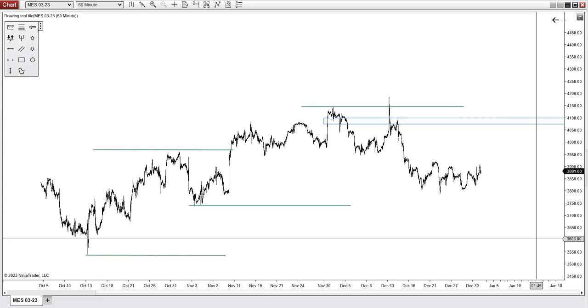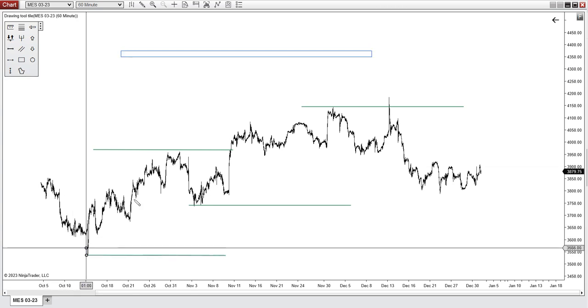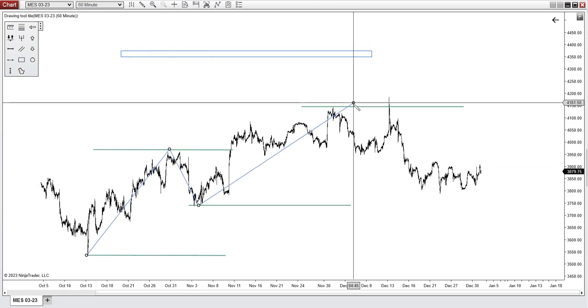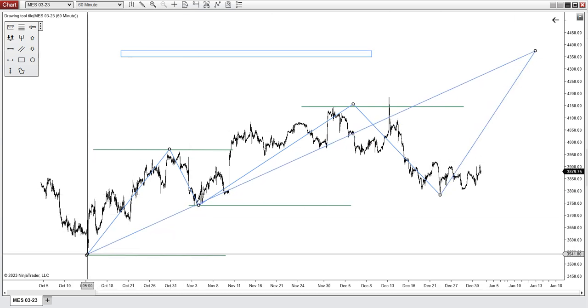All right, so we are getting ready for the market to open in the new year, just going through our different ideas that we can use to make money today. I'm sitting here on the 60-minute, looking over the highs and the lows, and getting an understanding of what might be going on over here.